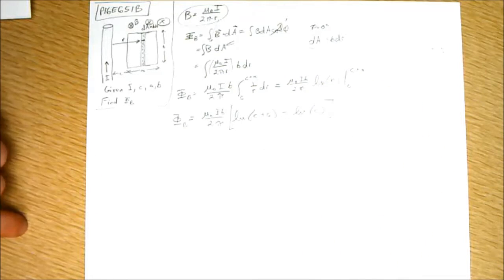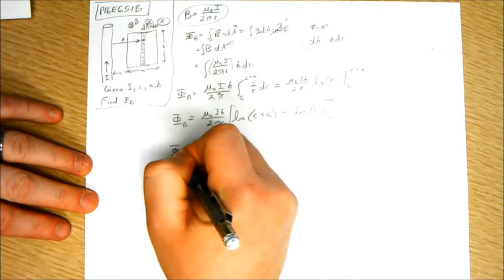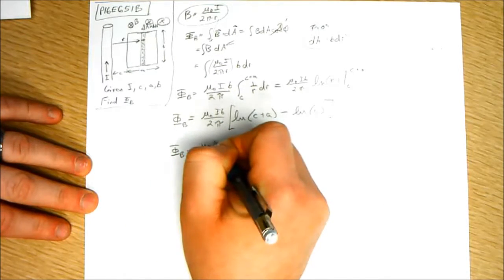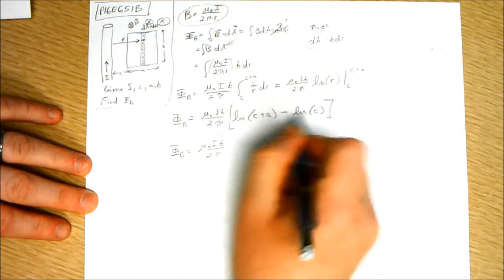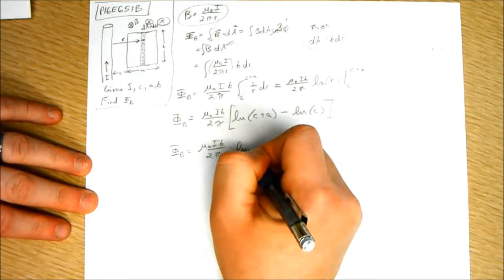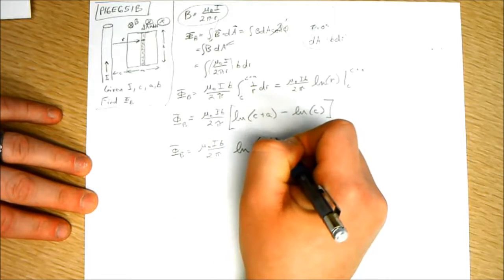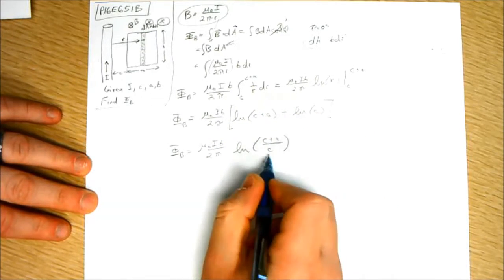Now we are essentially done with the problem, but we're going to simplify things a little bit, make it a little cleaner. When you subtract two natural logs, you can write that as natural log of c plus a over c.